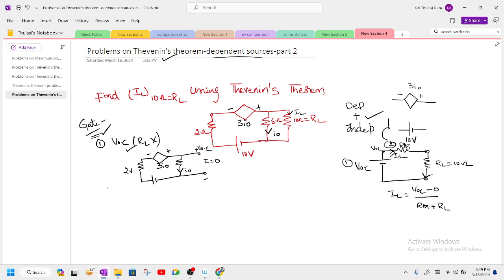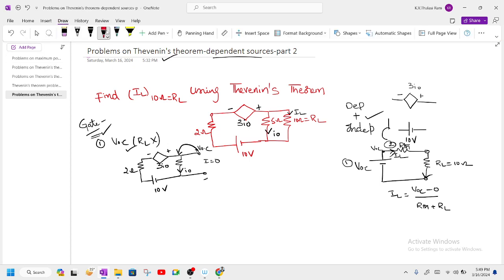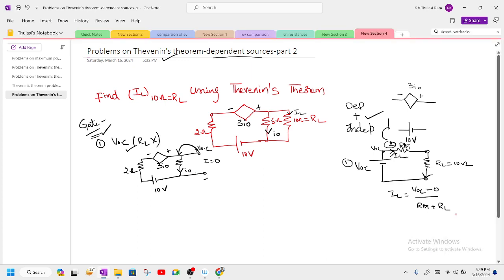This is a 2 ohm resistor. This is 10 volts. The voltage at this point and the voltage at this point are both the same, because it is open circuited and both are connected to the same point. So the voltage at this point is also VOC.